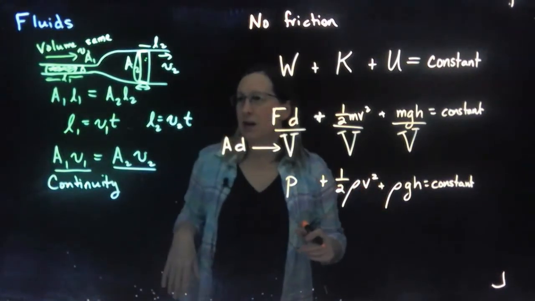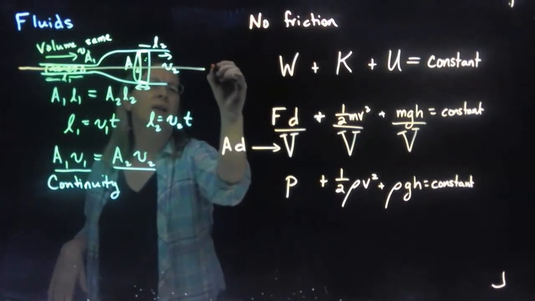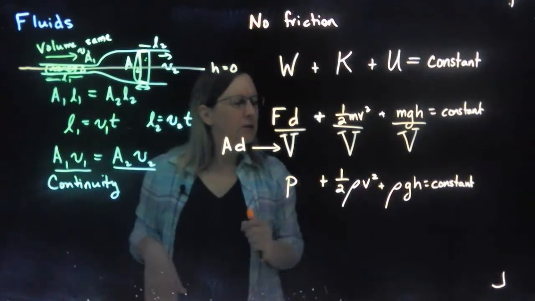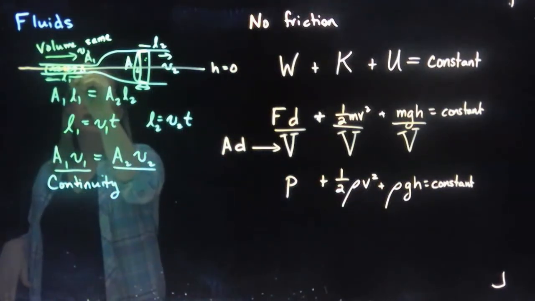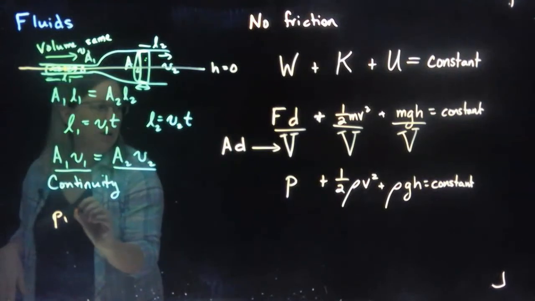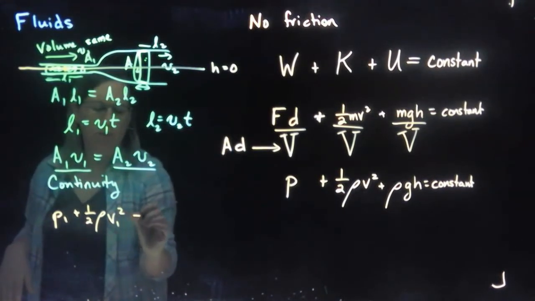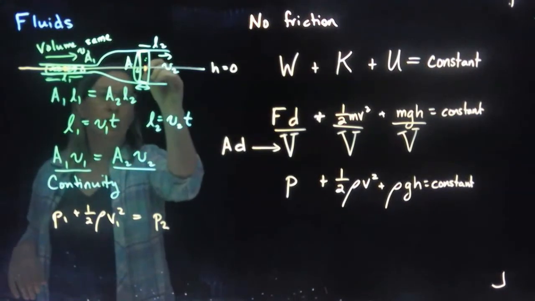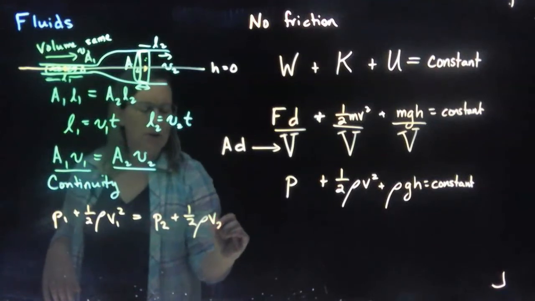And so what this means is, for example, if we look back over here, this is the same height, so call that height equals 0. Then we could say, just looking, pressure 1 plus 1/2 rho V1 squared must be equal to pressure 2 right here plus 1/2 rho V2 squared.